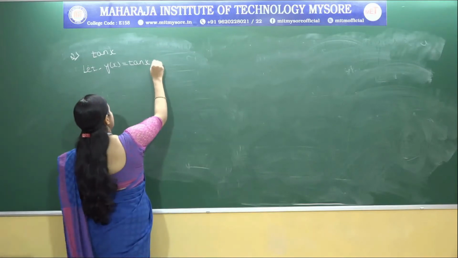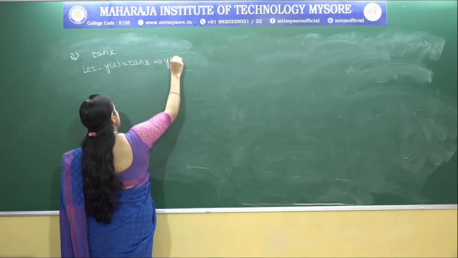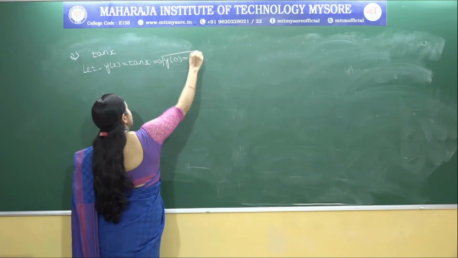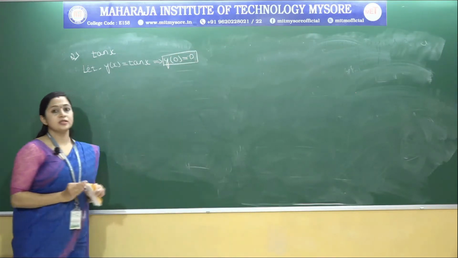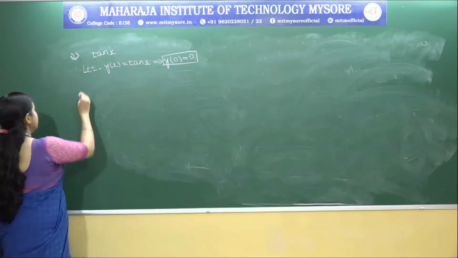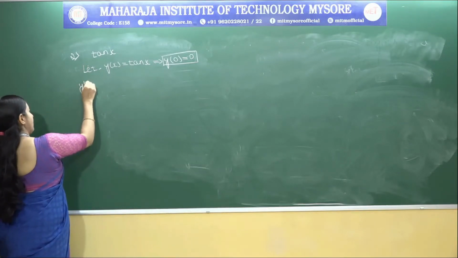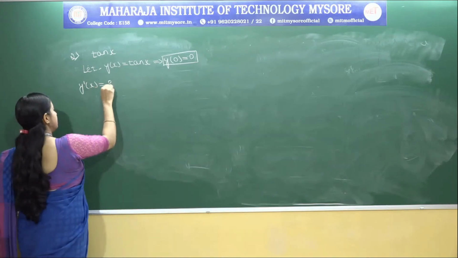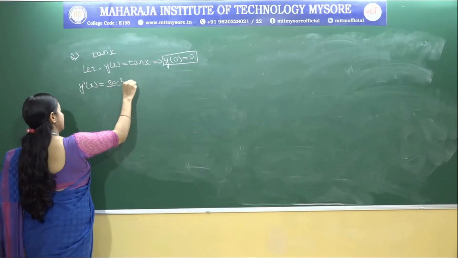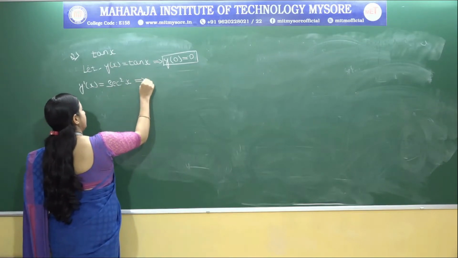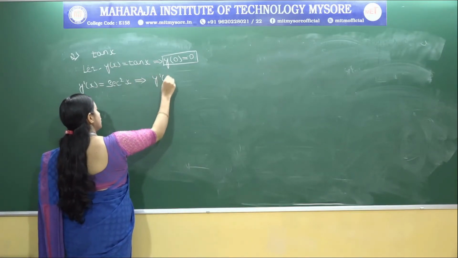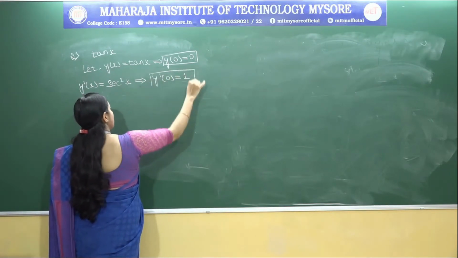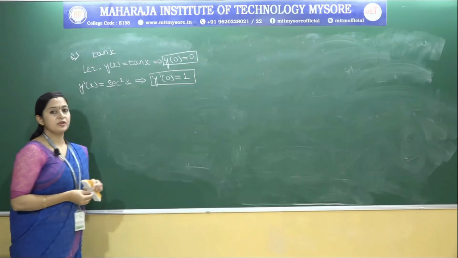Then first put x equal to 0 in this step itself, tan 0 equals 0, so y of 0 equals 0. The second term, differentiate this one, y dash of x. The tan x differentiation is secant square x, which implies y dash of 0 equals secant square 0 is 1. So y dash of 0 equals 1.